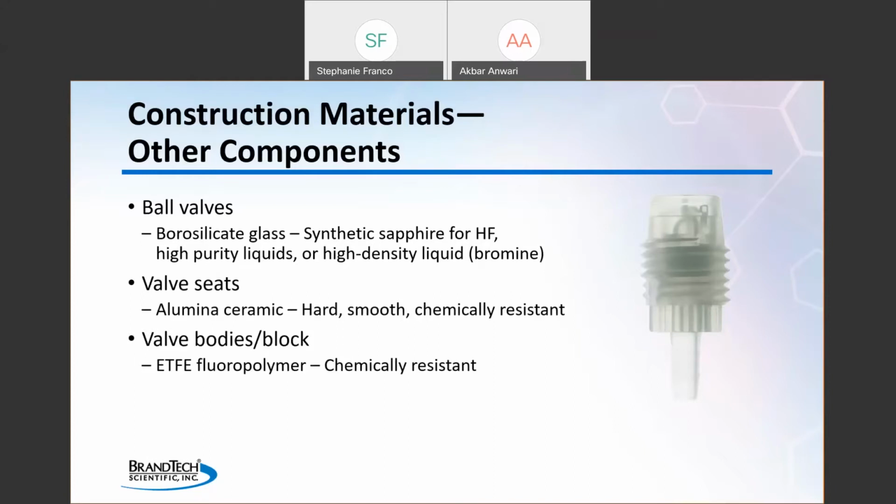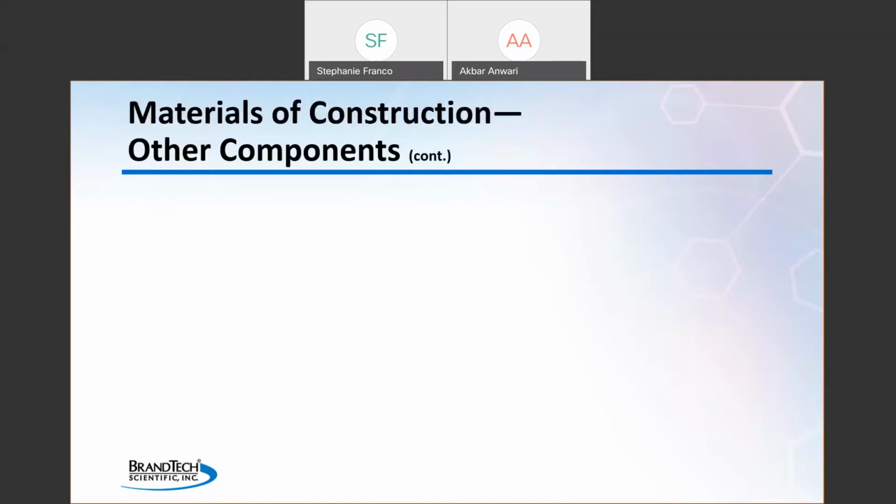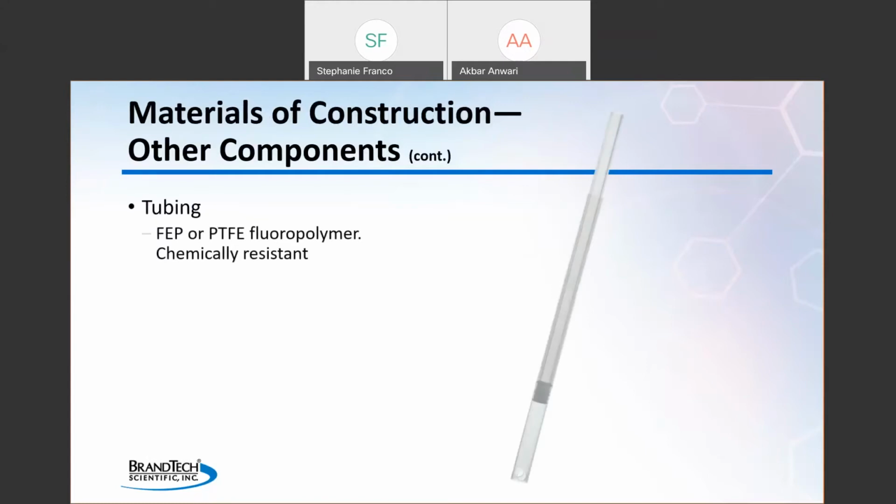And other structural components of the fluid path of the dispenser, such as the valve block and valve bodies, are made of ETFE fluoropolymer due to its chemical resistance, inertness, and ability to be formed into these types of structures. In addition, tubing within the unit, such as the filling, discharge, and recirculation tubes, are made from FEP or PTFE.